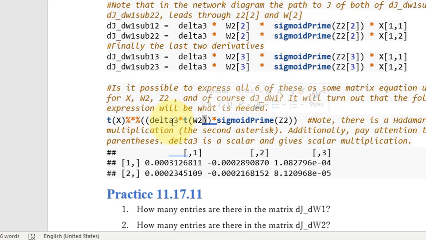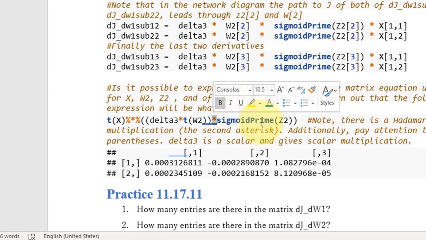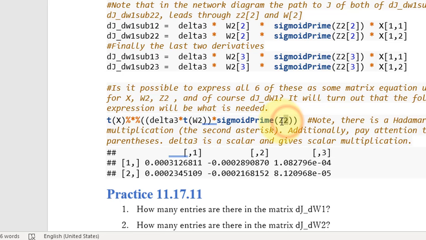So a matrix multiplied by a scalar is also a matrix. So this whole thing here is a matrix. Now we're doing some kind of multiplication here, and then times what? This is also a matrix. But this is matrix multiplication here. This is not the same symbol as here.